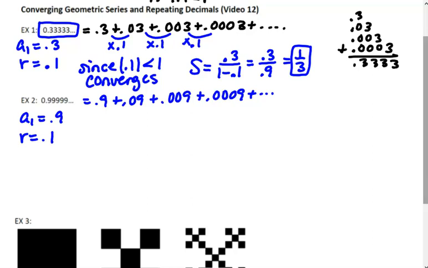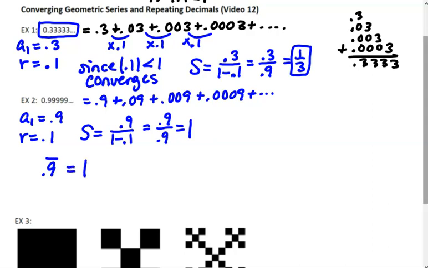We can still use the sum formula to find the sum of all of these terms. So S is equal to 0.9 divided by 1 minus 0.1. So this is 0.9 over 0.9, and 0.9 over 0.9 is just 1. So what we're saying here is that 0.9 repeating is equal to 1.